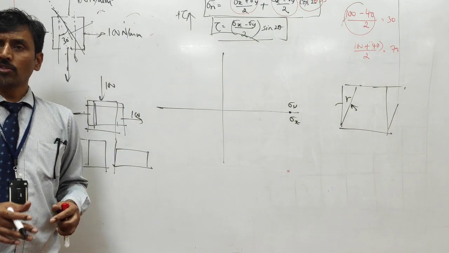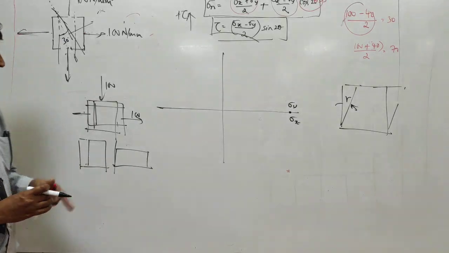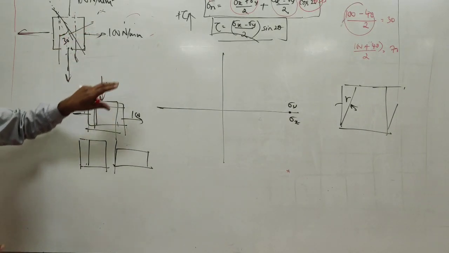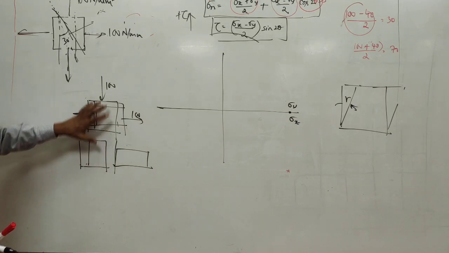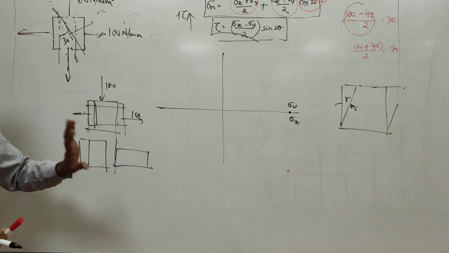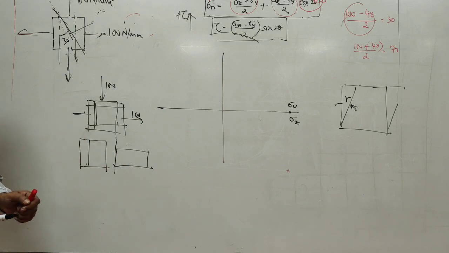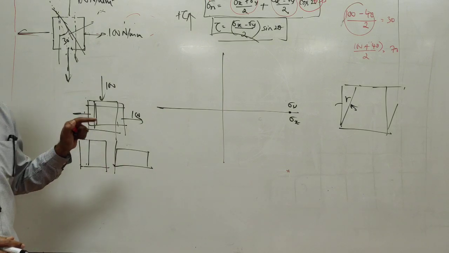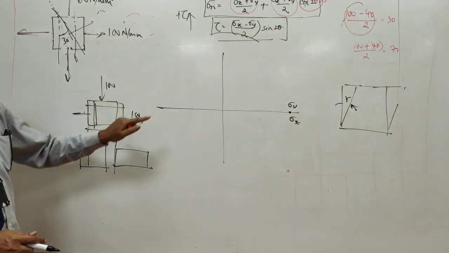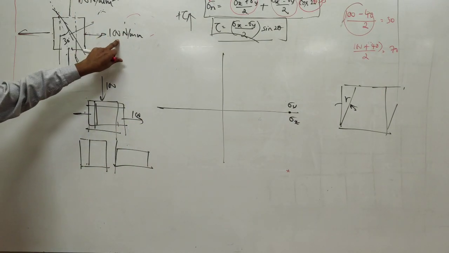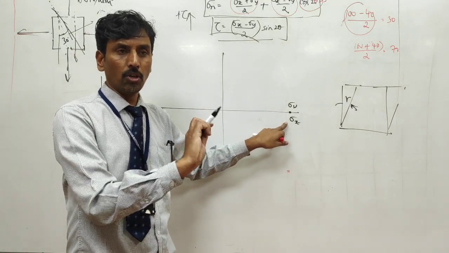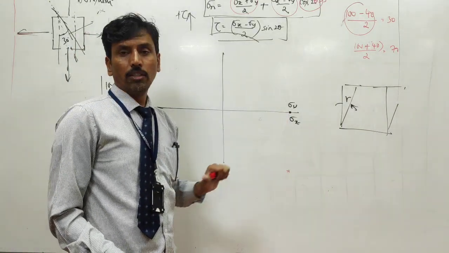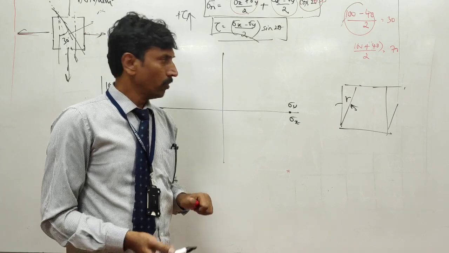Whenever there is a change in shape, earlier a square was remaining a square, no change in shape, no shear strain. But a square has now become a rectangle. So that means there is a change in shape, so there is shear strain. So whenever you have equal normal stresses on both sides, you can't draw this Mohr circle because the Mohr circle is a dot. Okay?